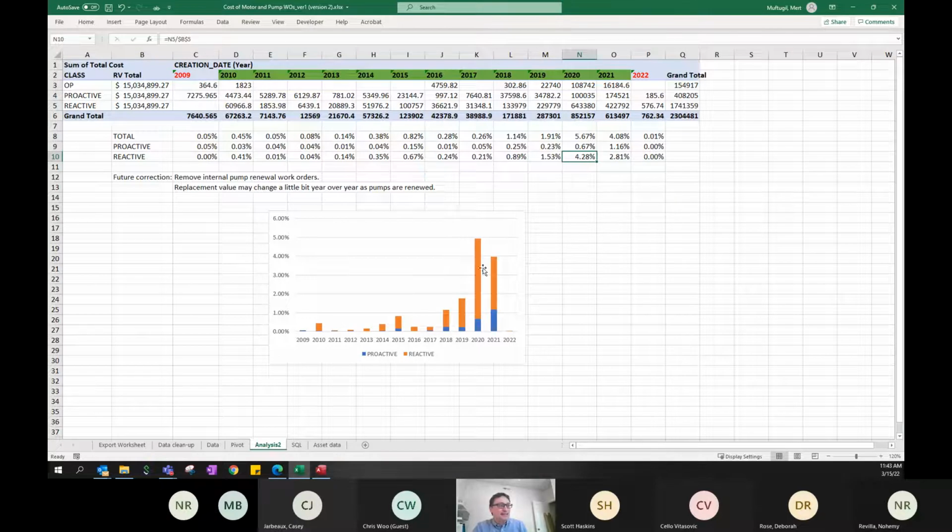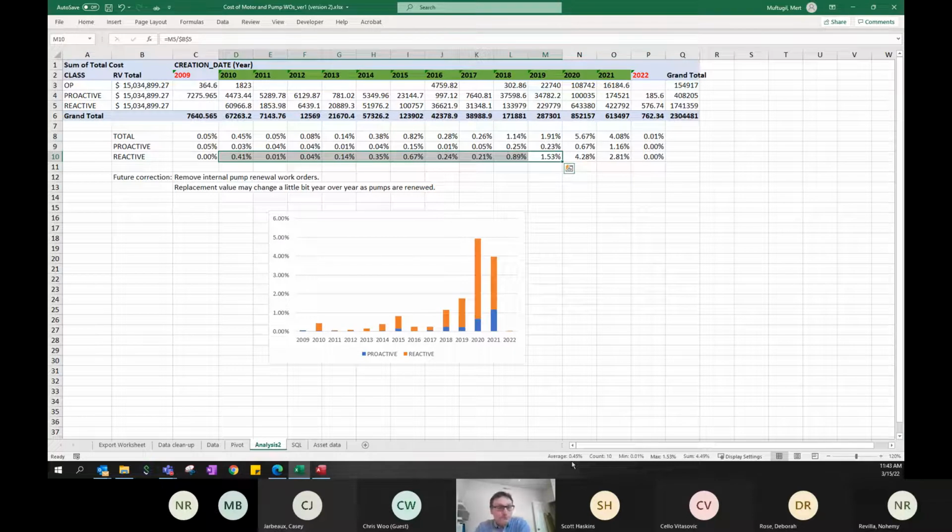If you take out the two largest, the 2021 and 2020 data, and average the rest, where's my average? Average is 0.45%, for example. So we'll be somewhere, I feel like, between 0.45% and 1% after we make some corrections.